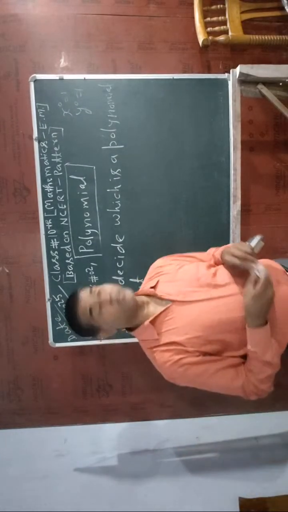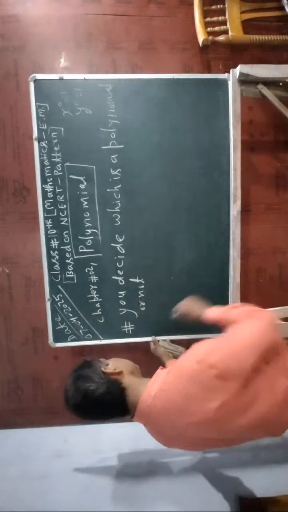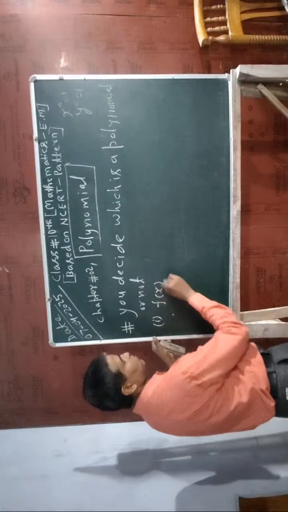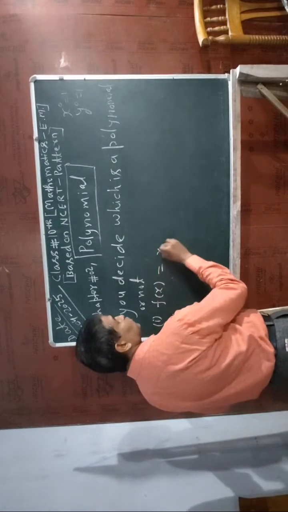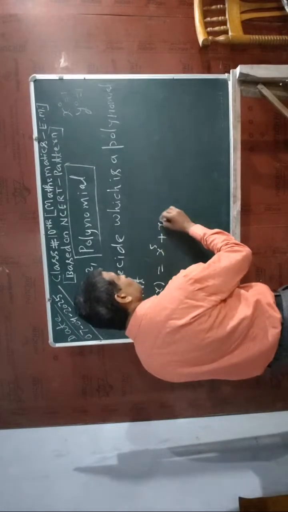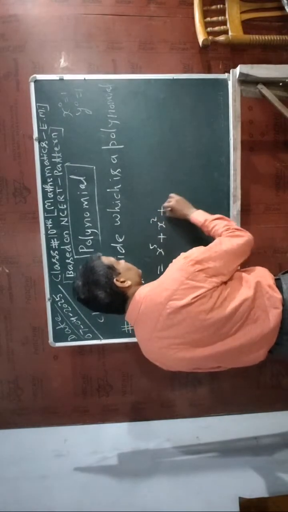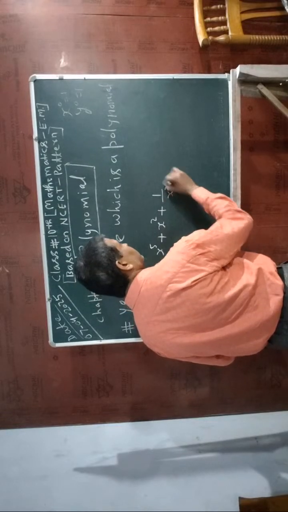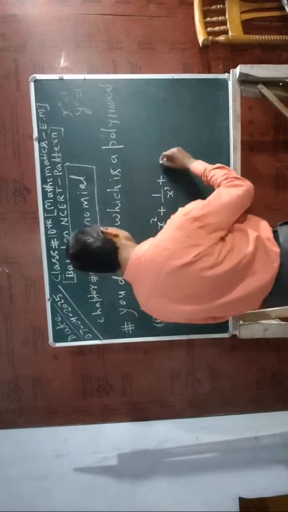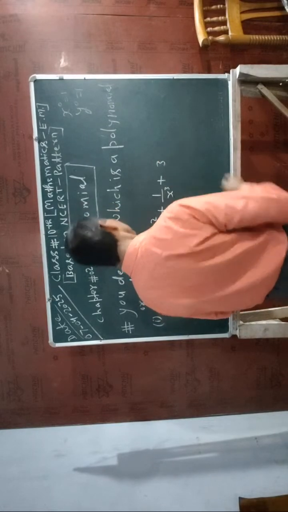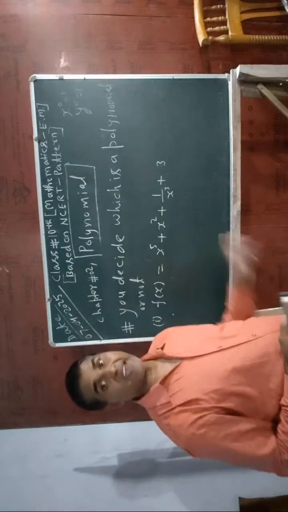The question is f of x is equal to x to the power 5 plus x to the power 2 plus 1 upon x to the power 3 plus 3. You tell me whether this is a polynomial or not.